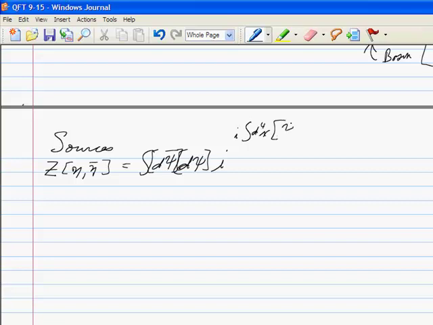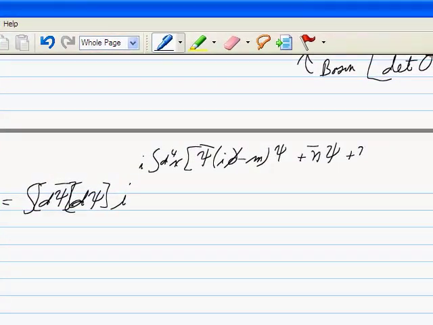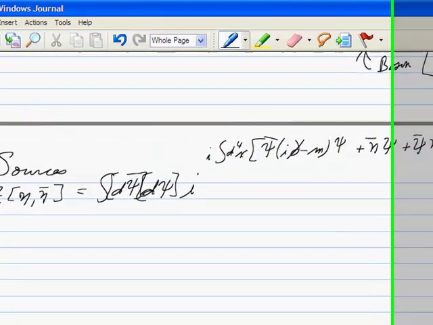Well, let's put in what the operator is. It's psi bar (i d-slash minus m) psi plus eta bar psi plus psi bar eta. Okay. And the technique, of course, is to complete the square.